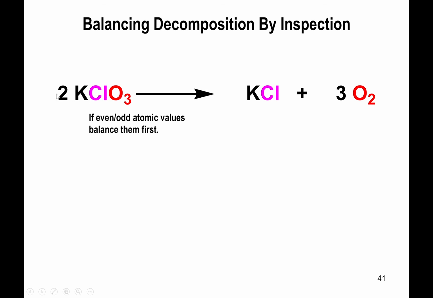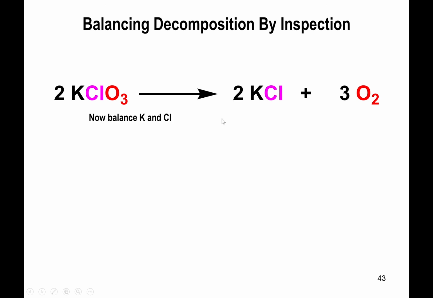Now you have 2 potassiums and you have 2 chlorines. So to balance this, you need to put a 2 in front of the KCl, and that basically balances your decomposition reaction.